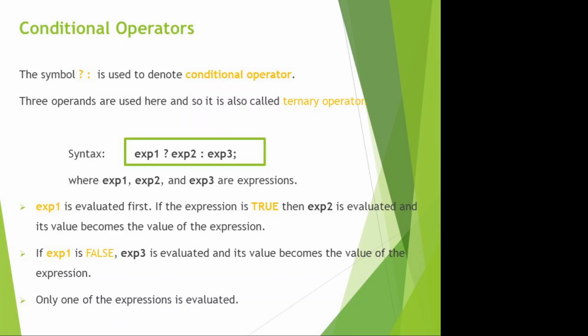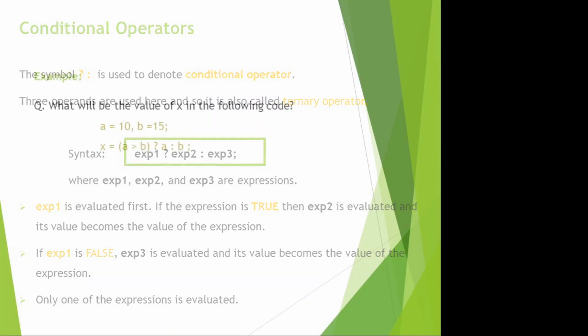If the expression is true, then expression 2 is evaluated and its value becomes the value of the expression. If expression 1 is false, expression 3 is evaluated and its value becomes the value of the expression. And only one of the expressions is evaluated at a time.